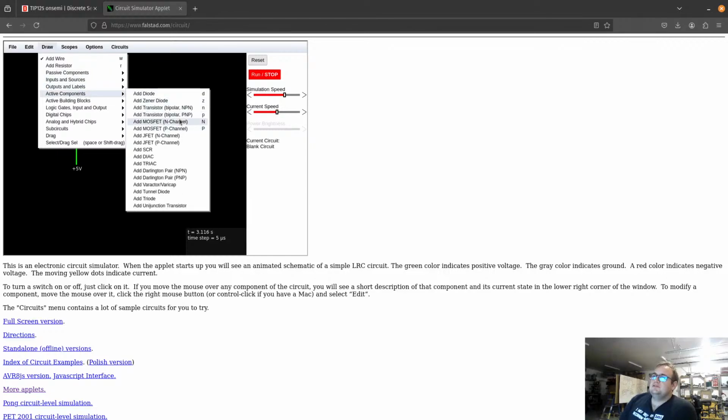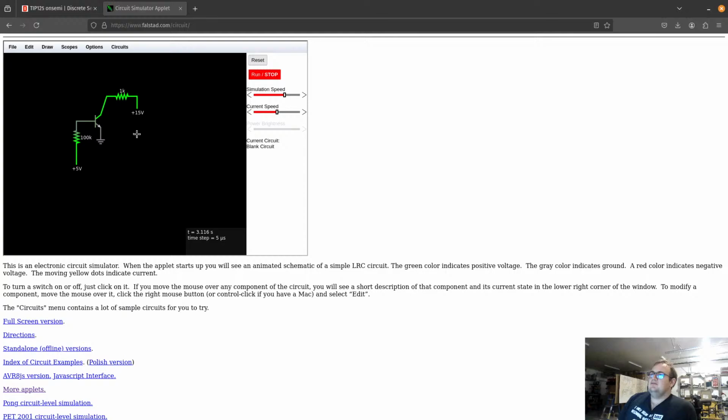Active components. We could draw in there, but we'll just wire one up ourselves, I think. So now I'll just escape and move that there. Move this over here. Then let's go here.